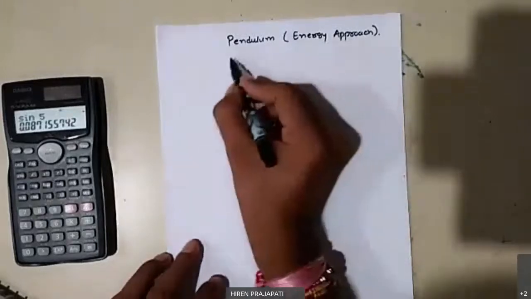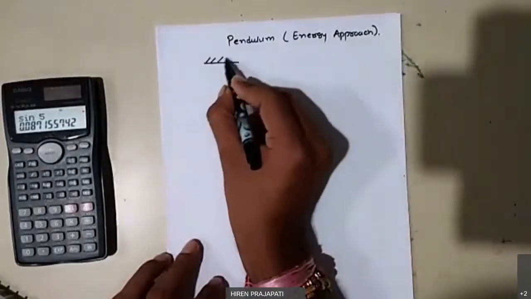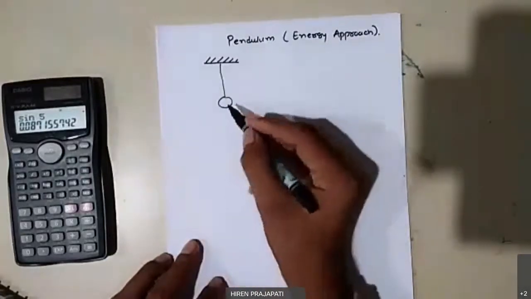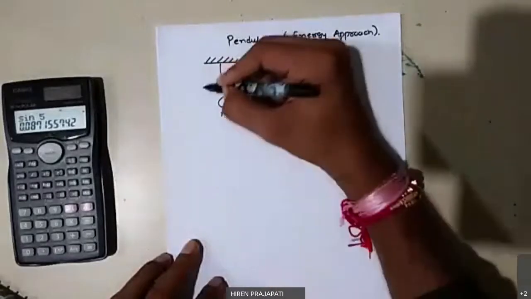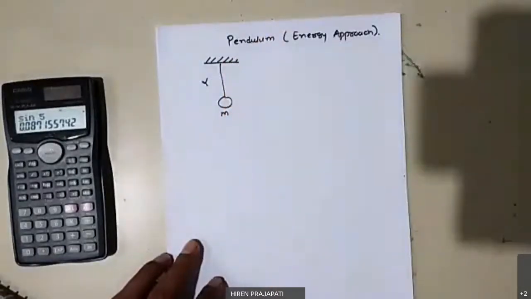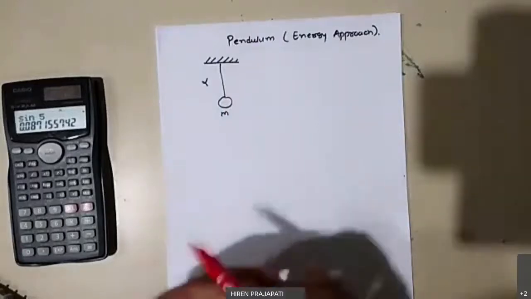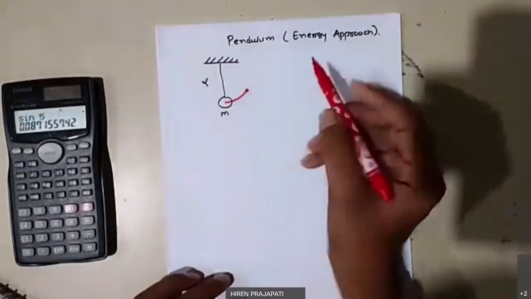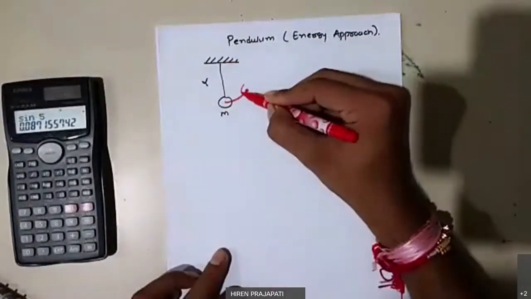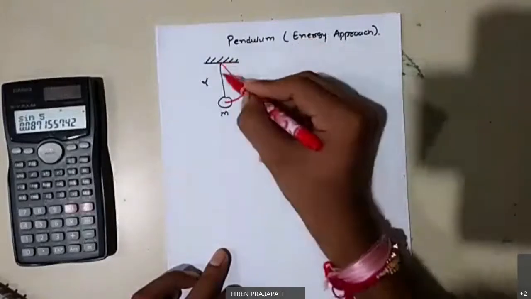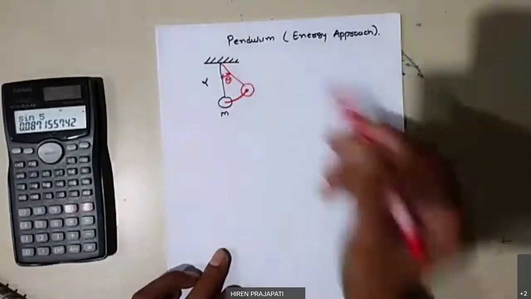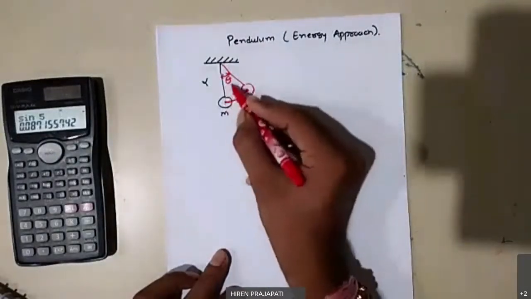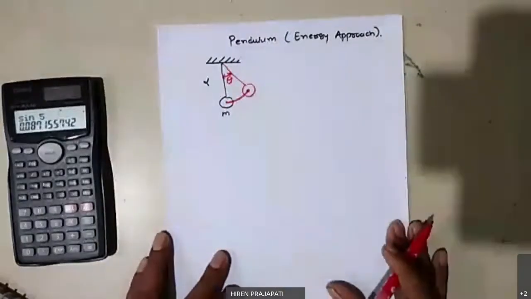So again we are assuming one pendulum. Now this is mass m, length is L. Let us give an initial angle theta, and this is the new position of the center. So this angle is theta. Again we are assuming the small angle approximation. So we are assuming this theta is very small, right?